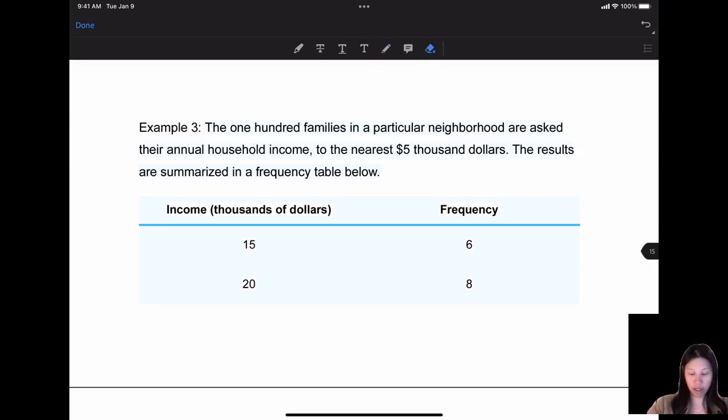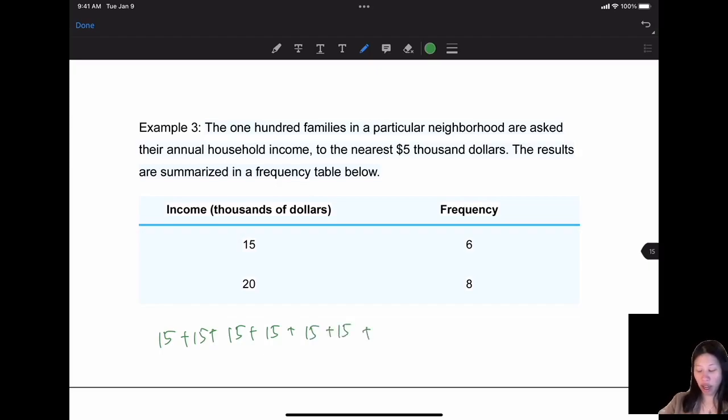Because we know that there are 6 households that earned 15,000, we may end up adding 6 15s together, and then adding another 8 20s together. That would be a hassle. That's a lot.